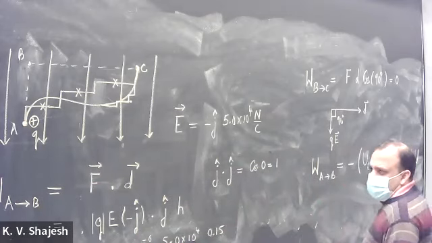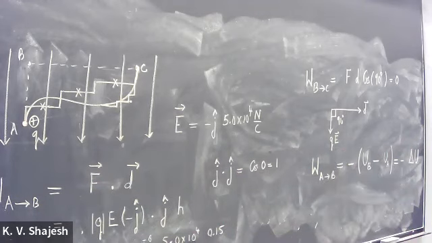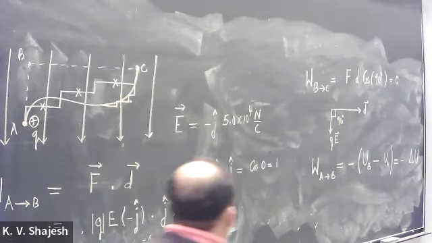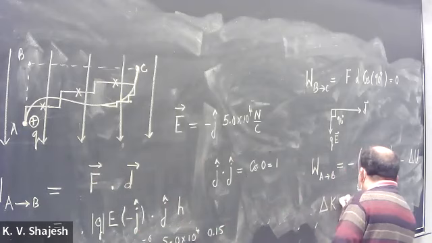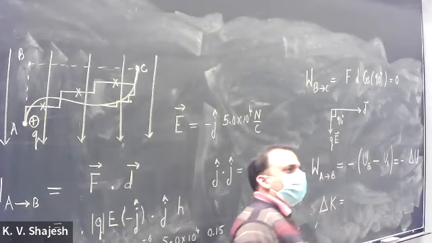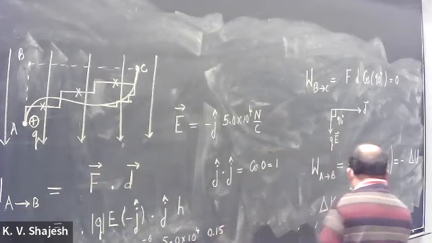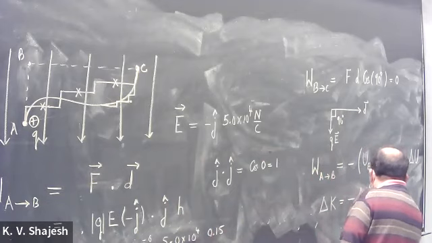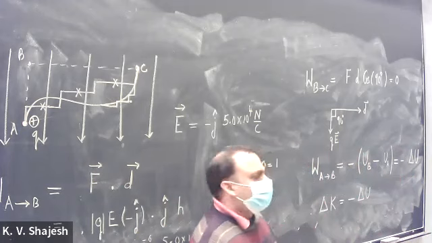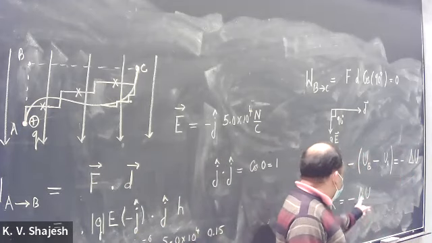So earlier we said that the work done by all the forces is equal to the change in kinetic energy. That means that if there is only electric force, the change in kinetic energy is equal to the work done by the electric force, which is the change in potential energy. That's on the right side.